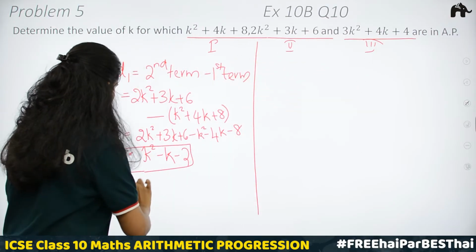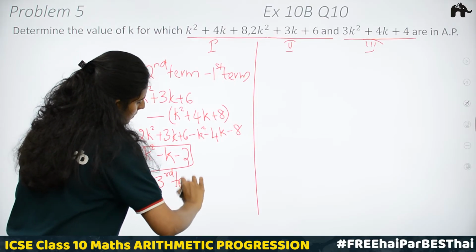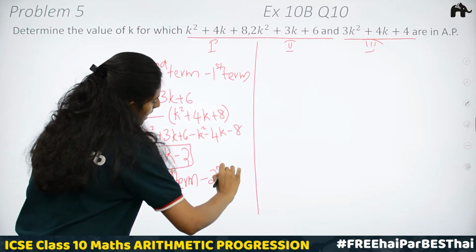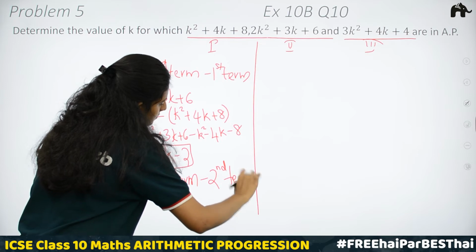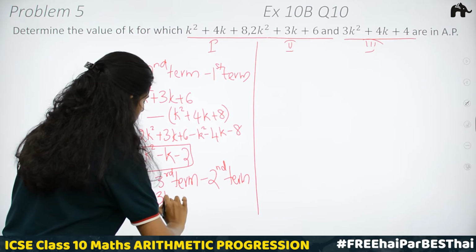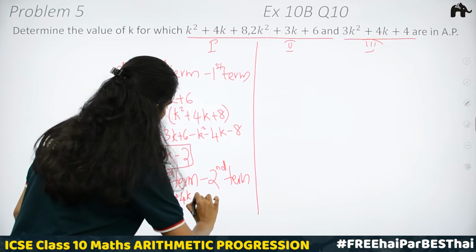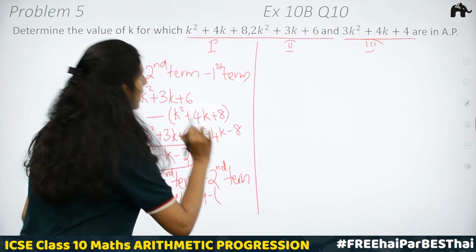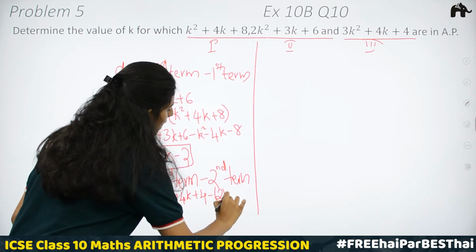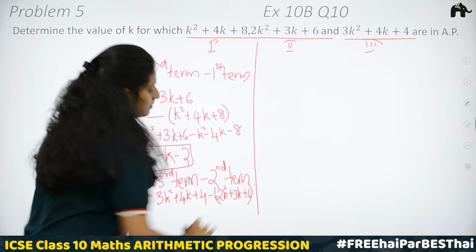Next, we will find the difference between the second term and the third term. We will call it D2. D2 is equal to the third term minus the second term. What is the third term? Here we have 3k square plus 4k plus 4, minus the second term, which is 2k square plus 3k plus 6.